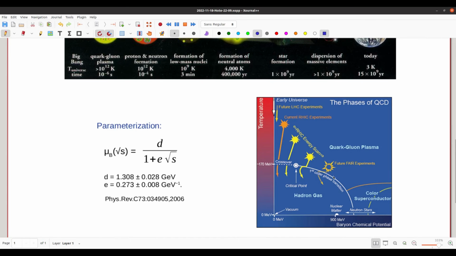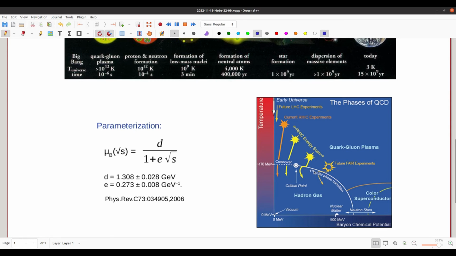In the low mu b region we use lattice QCD calculations, while in the other region we use different models to predict what kind of transition is expected.